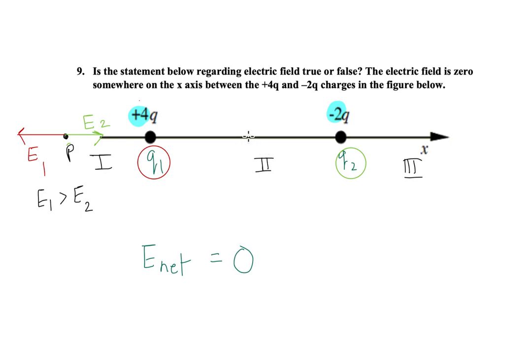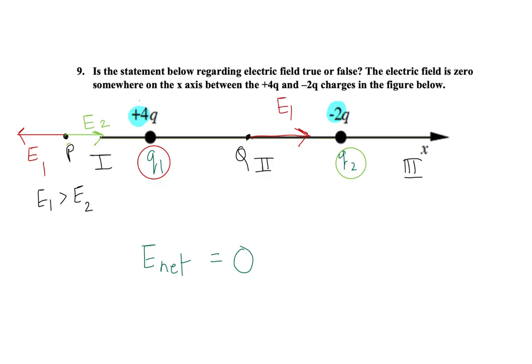Now let's check section 2. Again, to draw the electric field lines, let's take a point here, Q. At point Q, the electric field for the positive charge, Q1, will point outwards, to the right, that's E1.